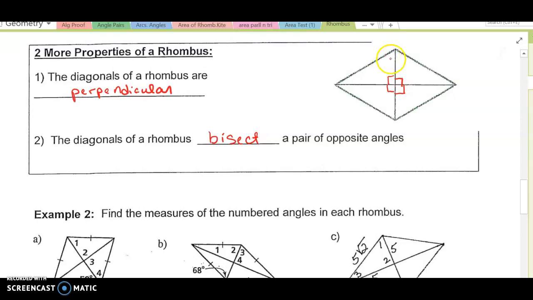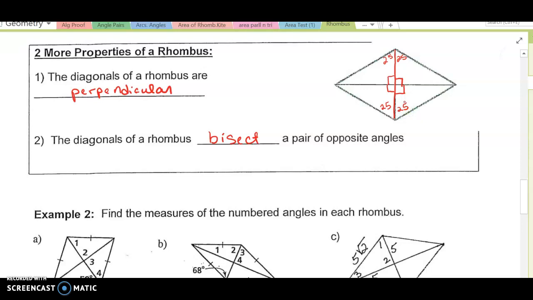So essentially, let me put some numbers on here. If this whole angle is 50, then if we were to bisect it, cut it into equal pieces, this would be 25 and 25. But then this diagonal does the same thing to this angle down here. So this would also be 25 and 25.